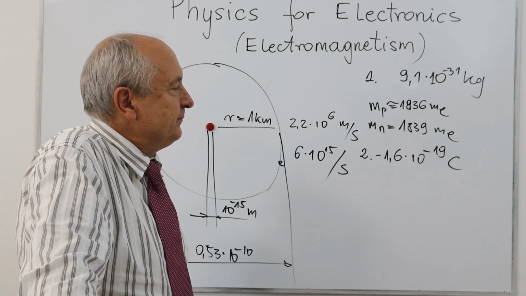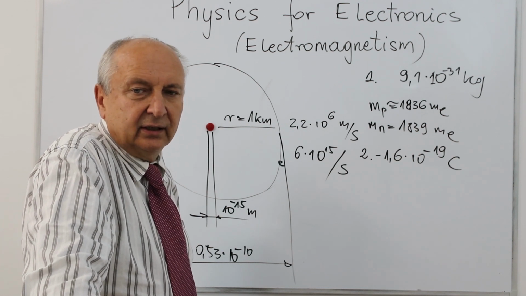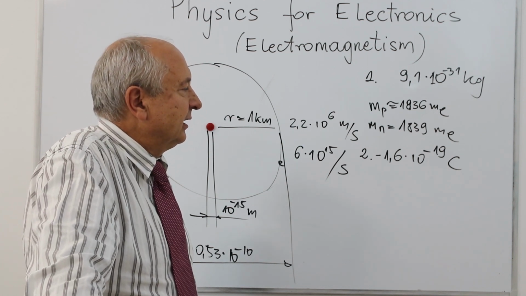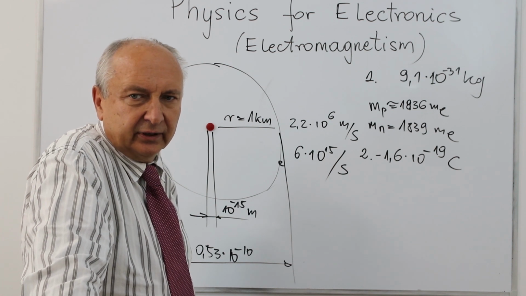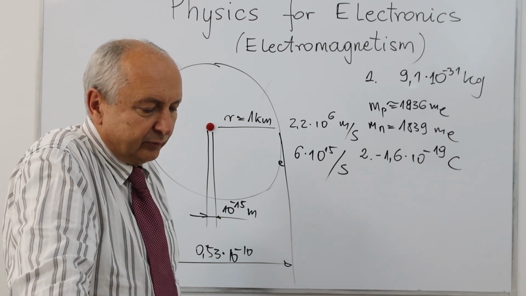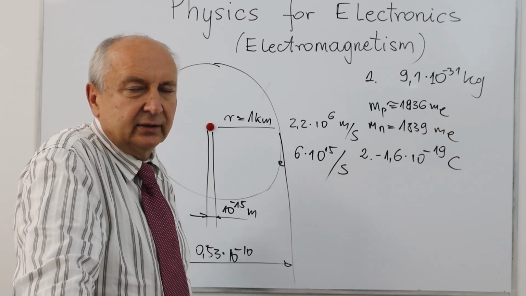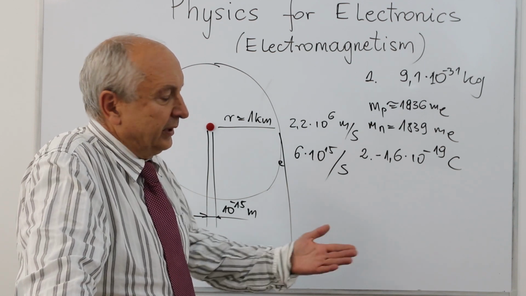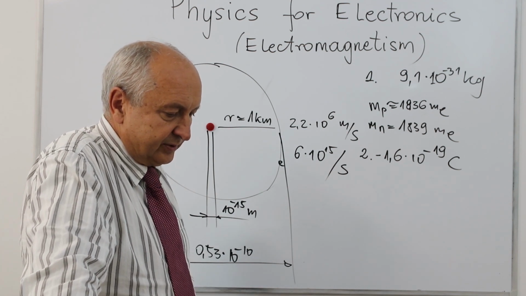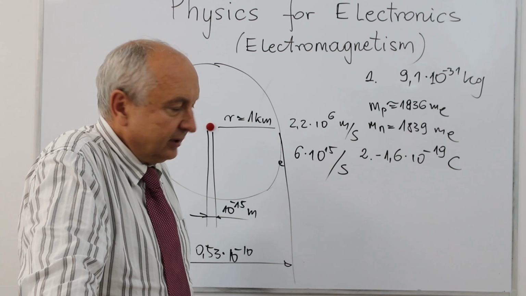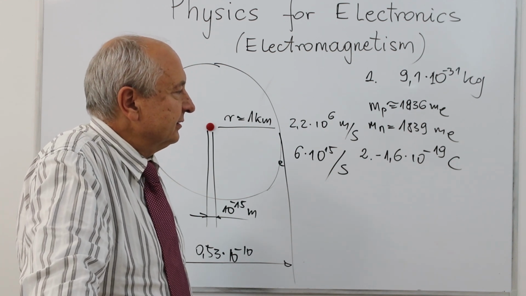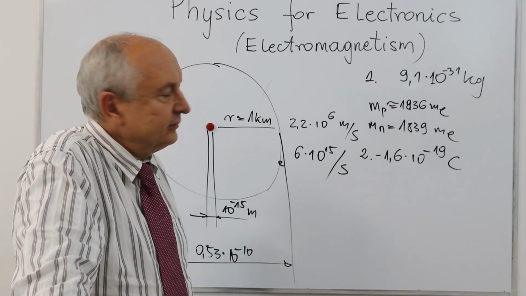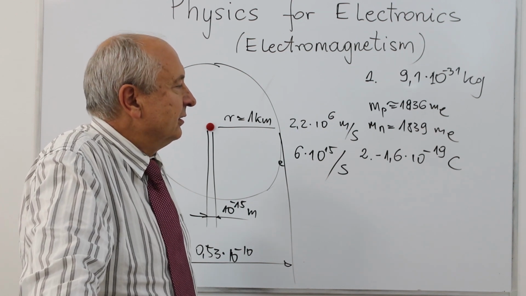When it was discovered that in metals the current is the movement of electrons, and these electrons are moving in the opposite direction to the direction of current, then to make this definition of current correct, the electron should have a negative sign of the charge.